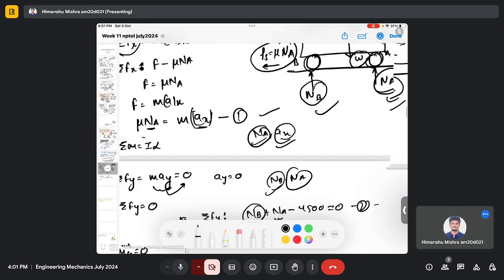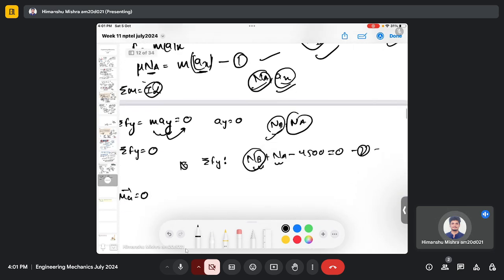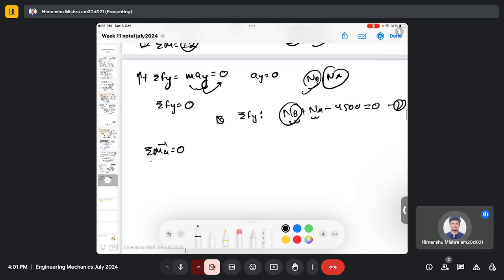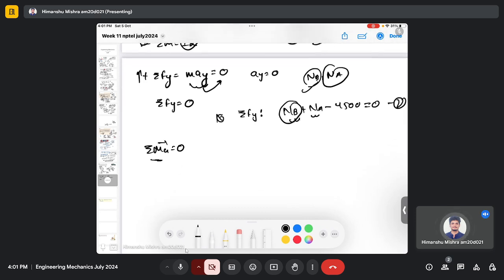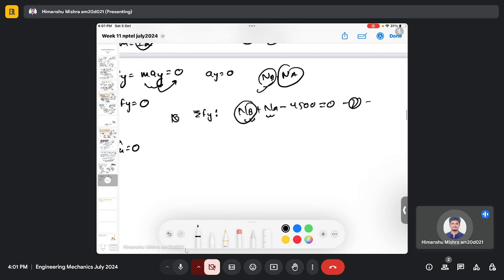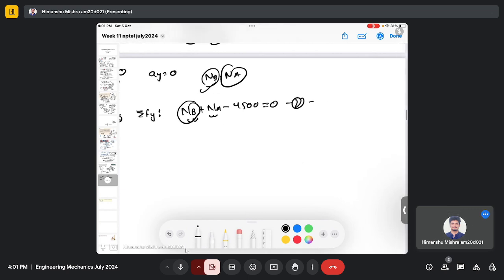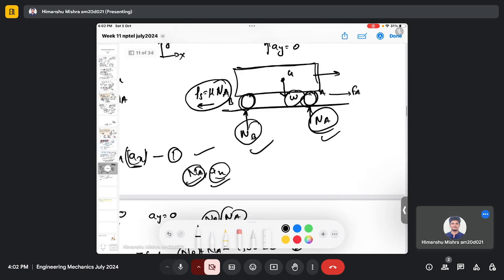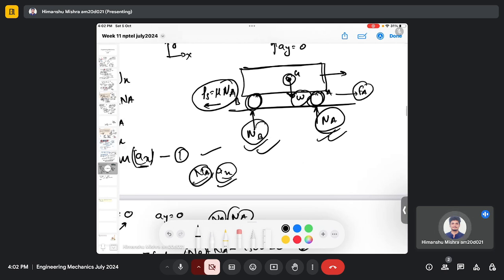Therefore there is no angular acceleration. So my summation of moment at point G equals 0, and the moment is due to this force F and these two normal reaction forces, and there will be no contribution of moment due to the weight, because we are calculating the moment at this point itself.